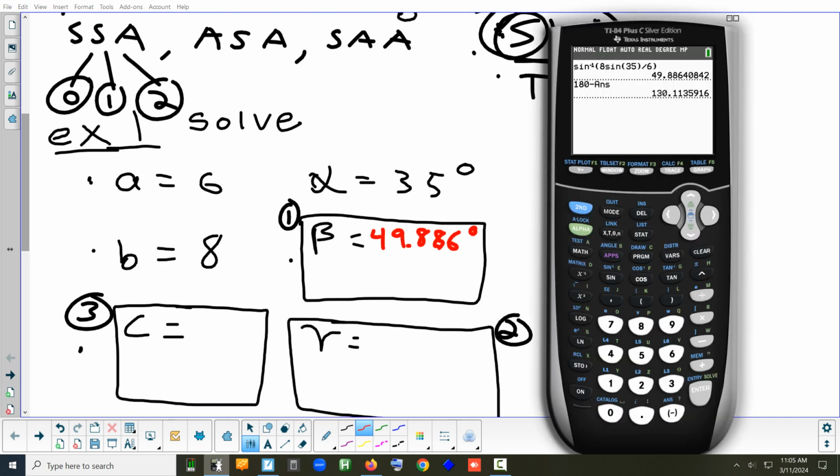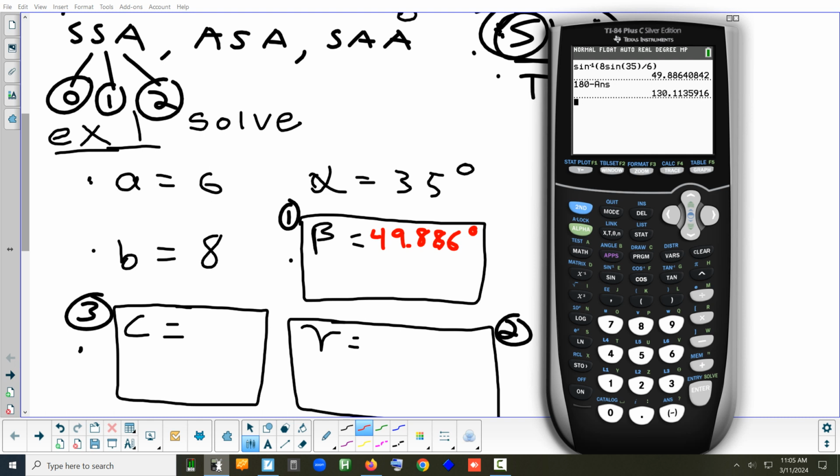It fits. What angle were we given to start from? We're given 35 degrees. So we know that the 35 is in the triangle. Can you fit a 35 and a 130 degree angle in the same triangle? Yes. So that means this second answer is going to work.